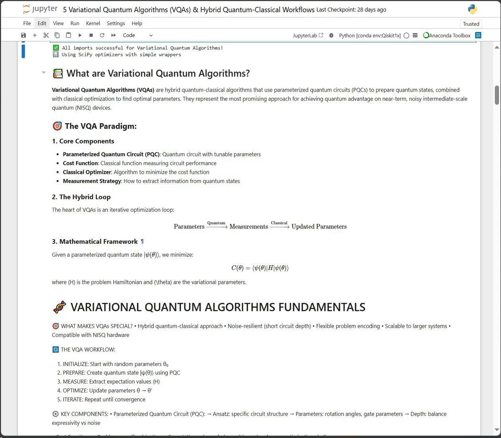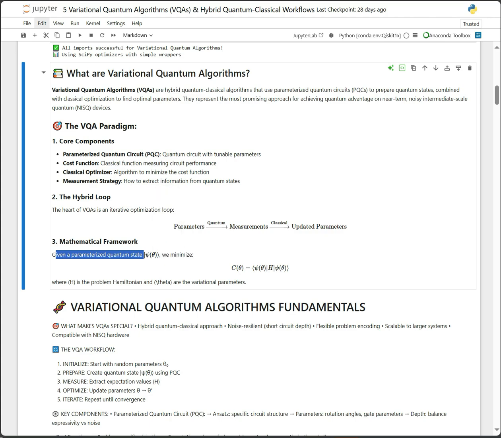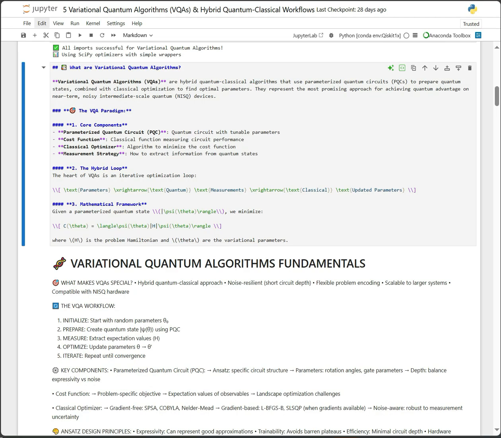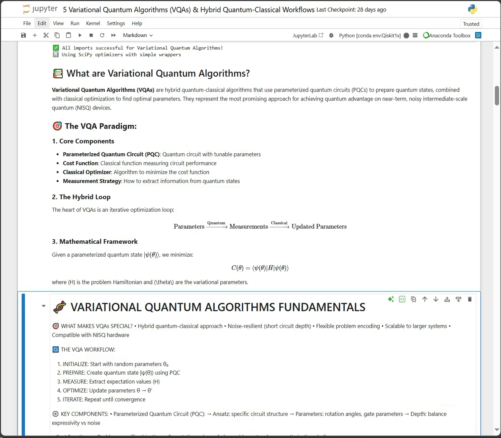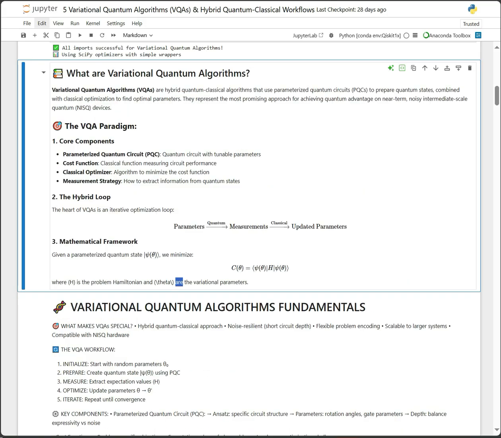Think of it as you have some parameters on the quantum space, exploring it. When you measure it, you use the classical approach to update those parameters. In the mathematical framework, you can have this parameterized quantum state as ψ in function of the theta that we want to minimize.